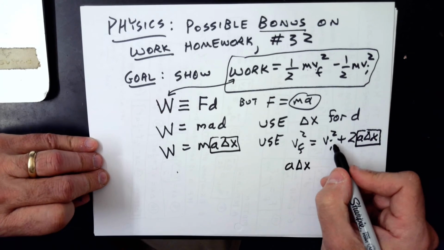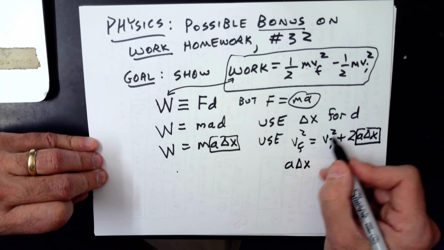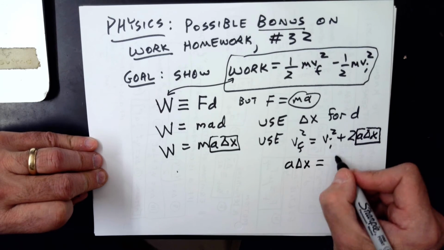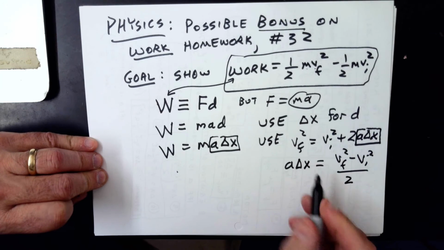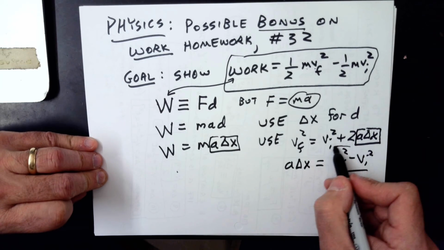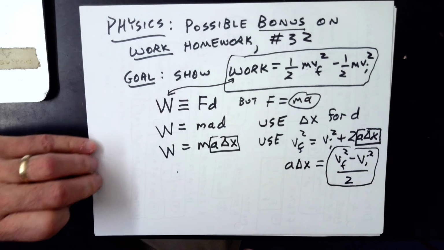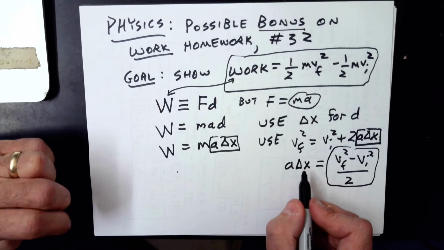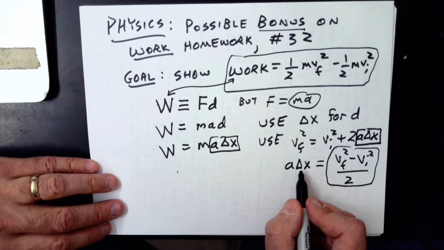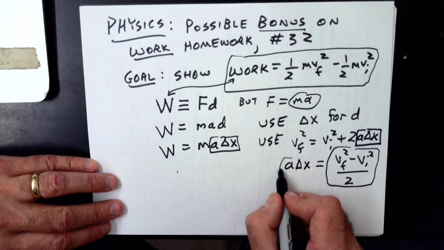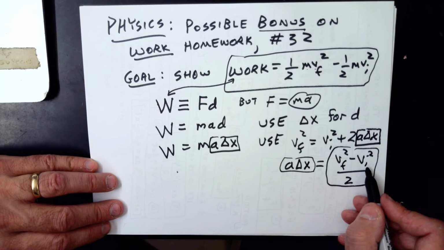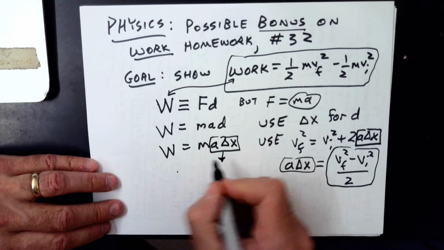I'm not going to go through all the algebra, but you subtract this from both sides and then divide by 2. vf squared minus vi squared over 2. So that means a delta x is exactly the same thing as this. This is two ways of saying the same thing. If you calculated them in a particular specific problem, this would be a number, and this would be exactly the same number. So anywhere you see a delta x, you can replace it with vf squared minus vi squared over 2. So let's do that here.